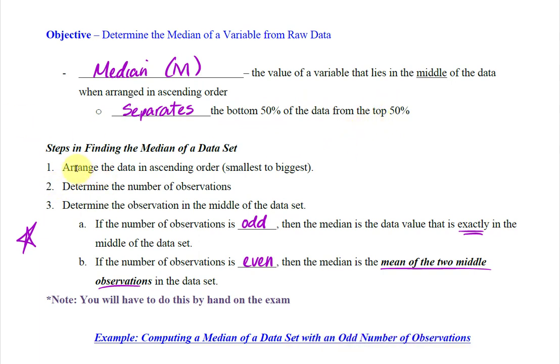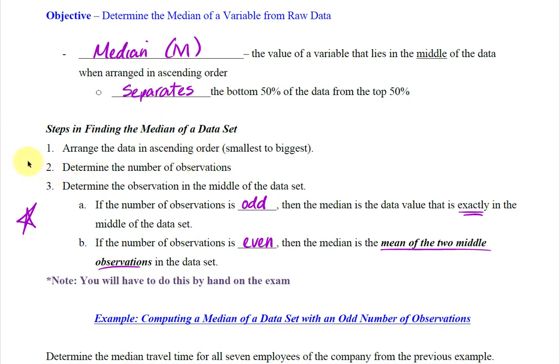There are a few steps in finding the median of a data set. The very first step is to arrange the data in ascending order, smallest to biggest. Then determine the number of observations, and then determine the observation in the middle of the data set.